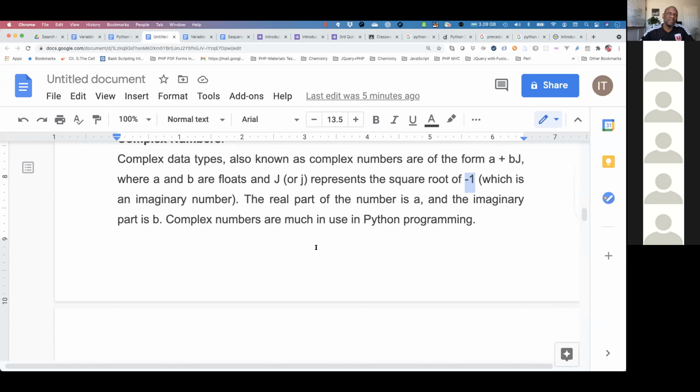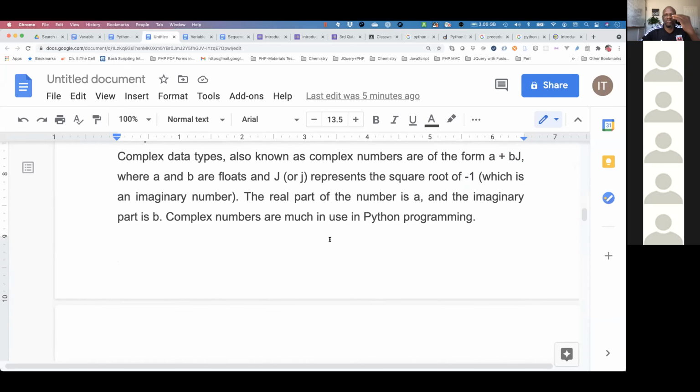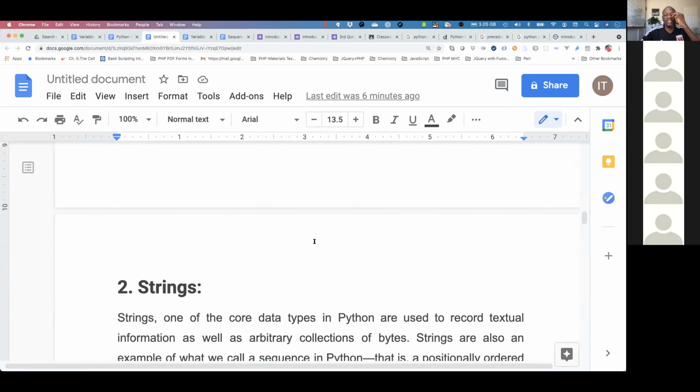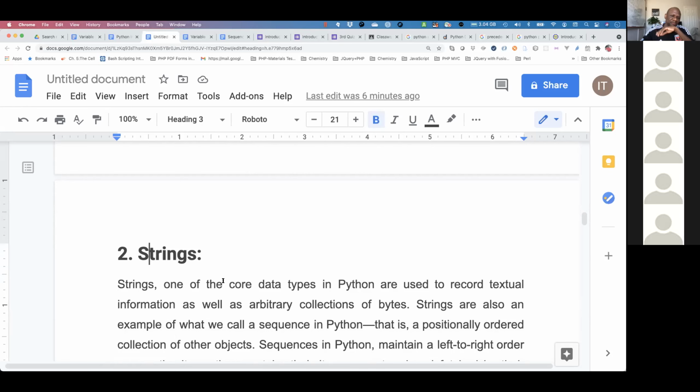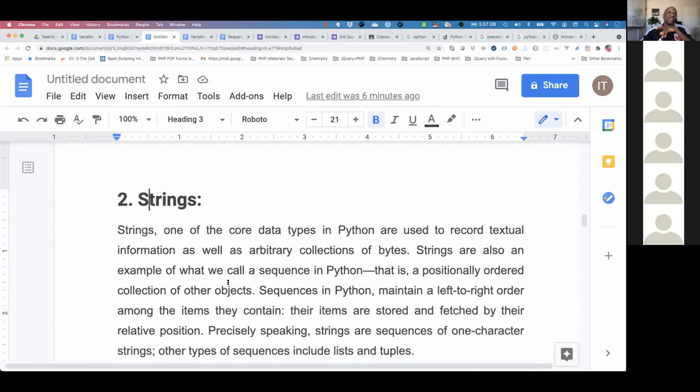The real part of the number is a, and the imaginary part is b. Is there any question? Complex numbers are used much more in Python programming, especially, like I said, in engineering and mathematics. So until you hit the higher level of Python programming, you will not encounter them again. I'm not saying they are not important, but it is good to know that they exist.